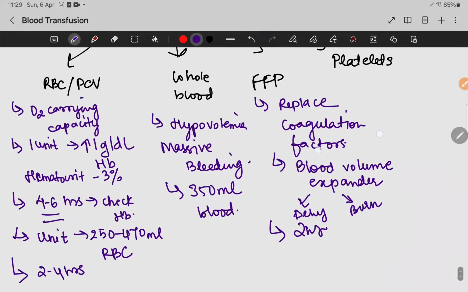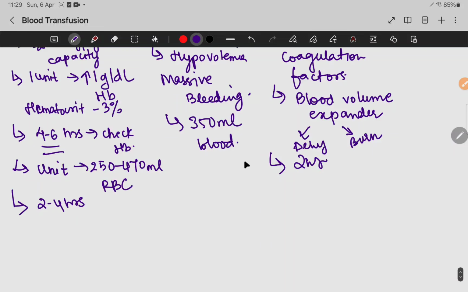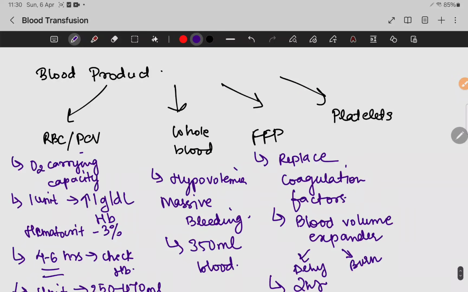Then in FFP you have to keep in mind that ABO and RH compatibility. Okay, ABO and RH compatibility should be seen before transfusing FFP or other plasma products. So each unit of FFP contains 200 to 225 ml.